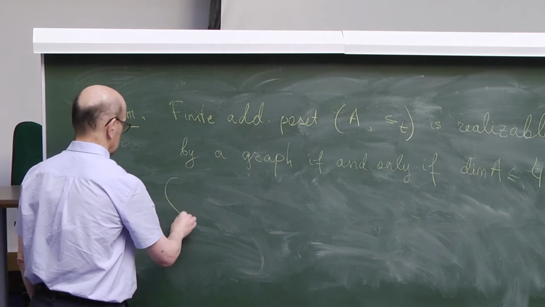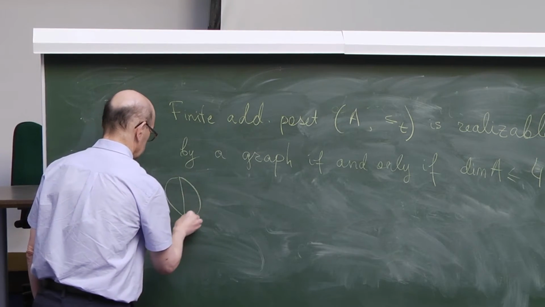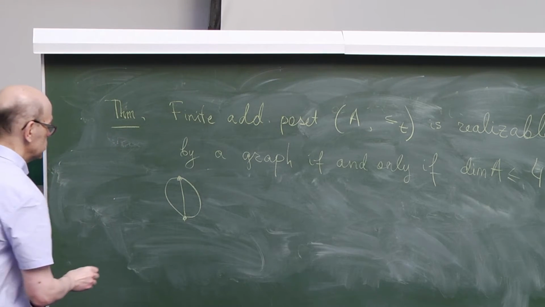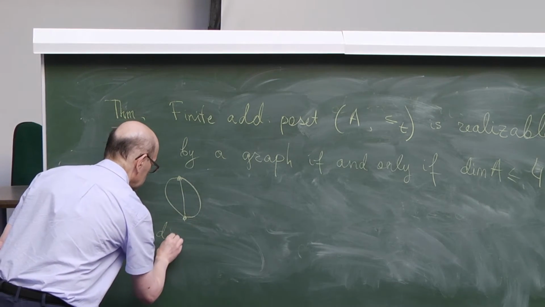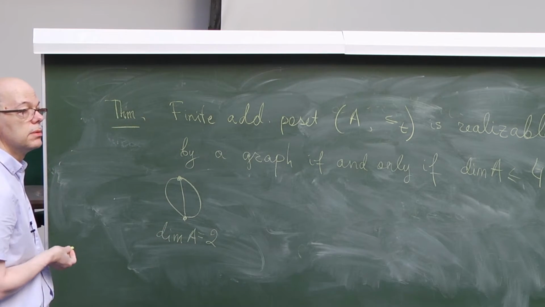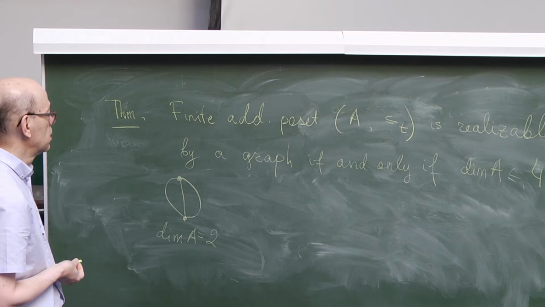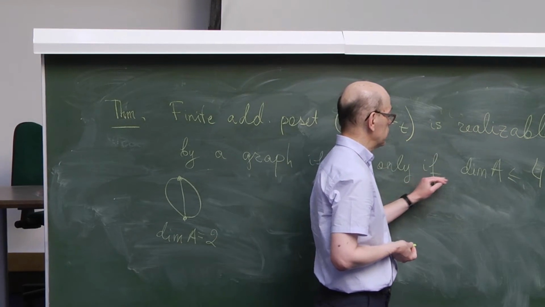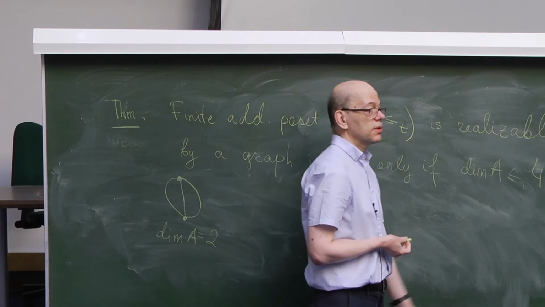For example, this graph I started with at the beginning realizes dimension of A equal to 2. A is realizable by a graph if and only if the dimension of A is smaller than or equal to 4.